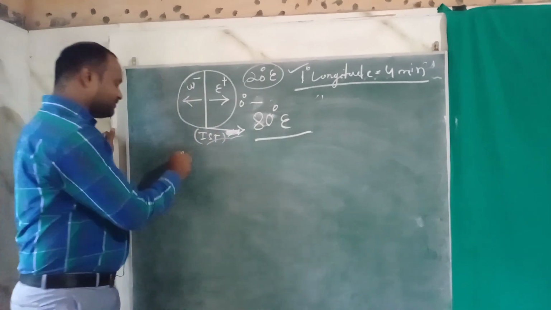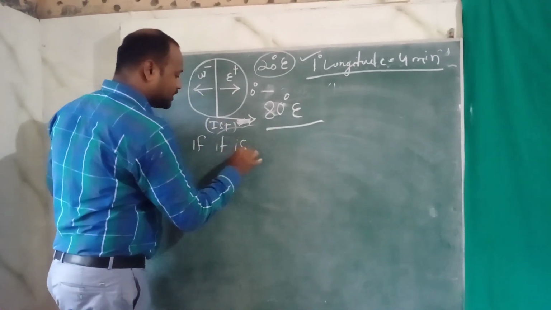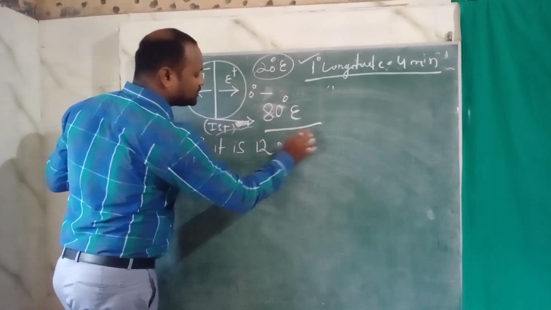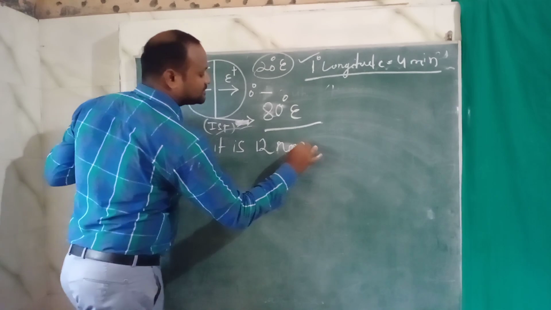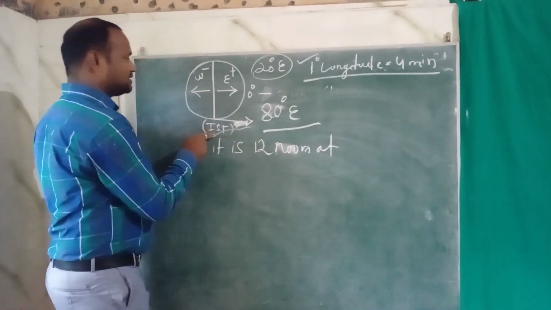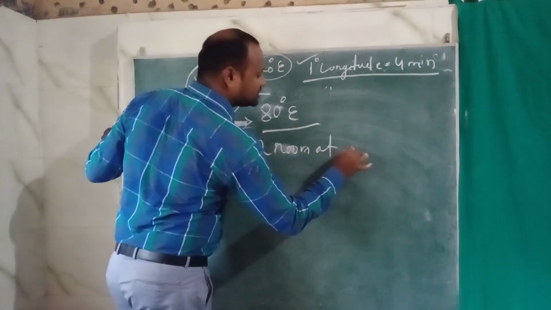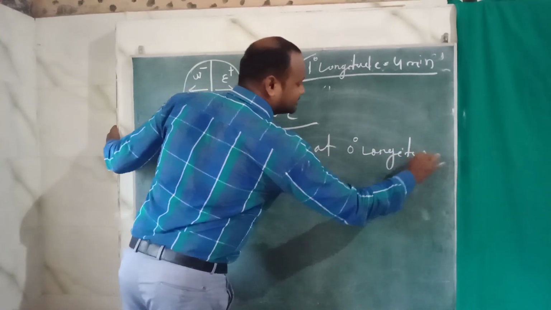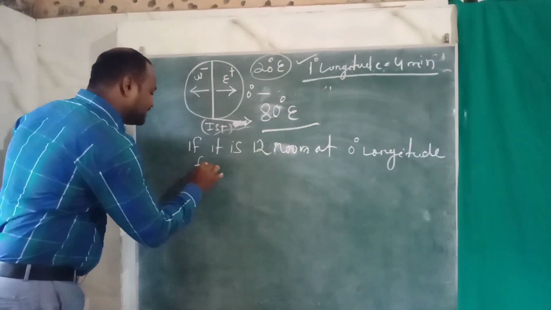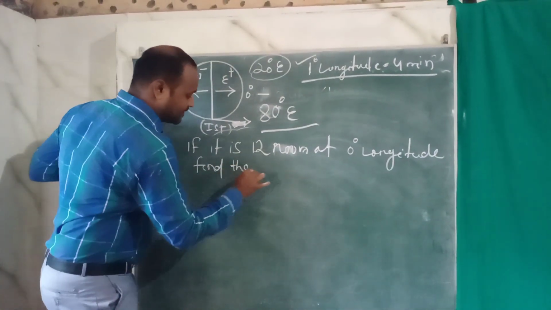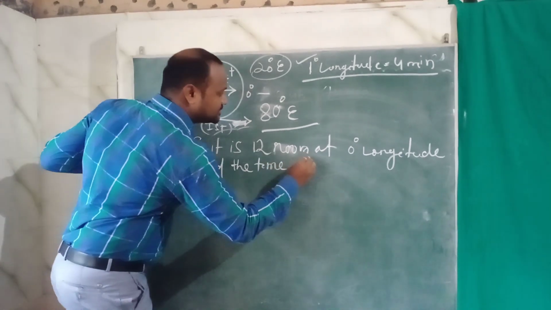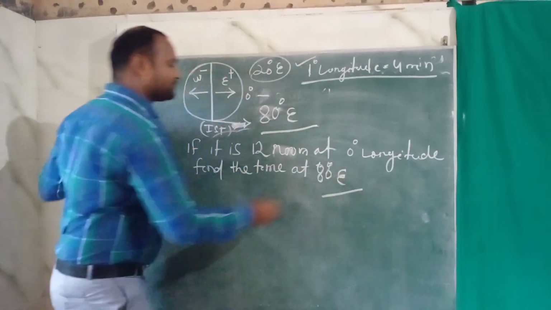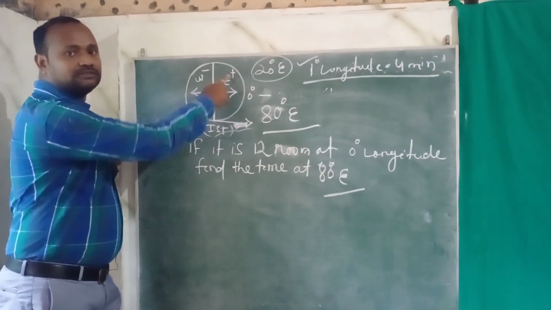If it is 12 p.m. or 12 noon at IST or 0 degree longitude, find the time at 80 degree east. East means what? You have to add the number.